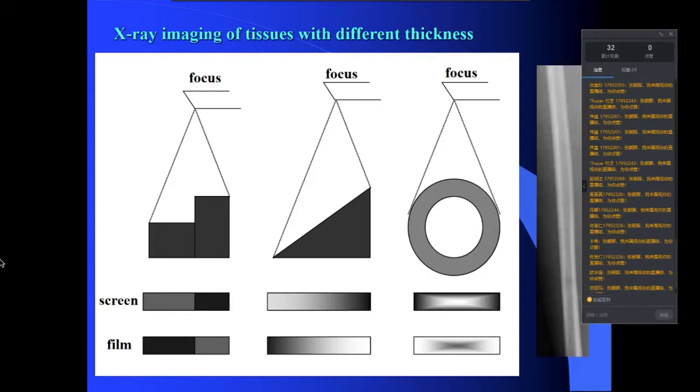Therefore, the structure of a long bone shaft is similar to a hollow cylinder object. And on the X-ray film, its center appears blacker than the rim. The rim looks bright. The center looks gray. It's blacker than the rim, right? Because this bone shaft is just like a hollow cylinder object.